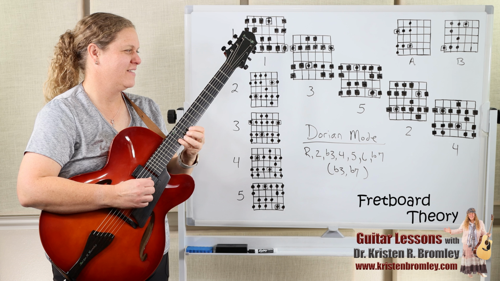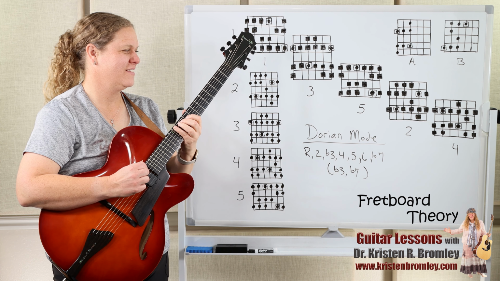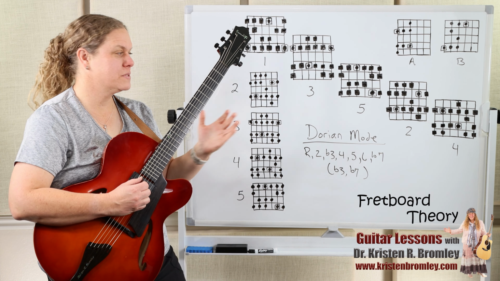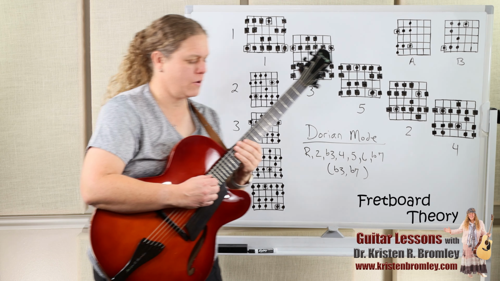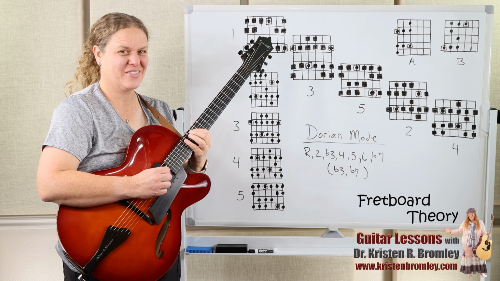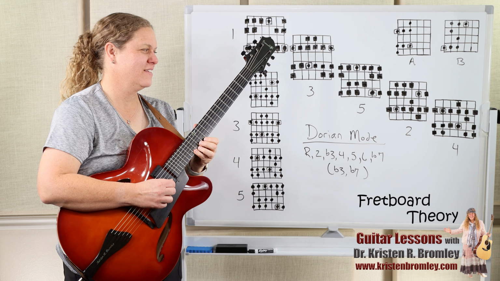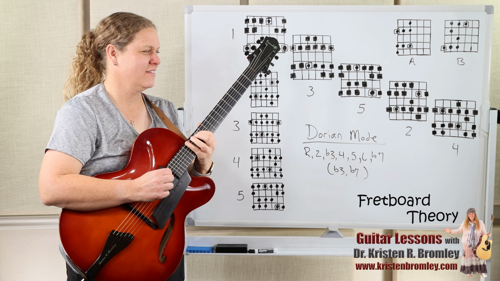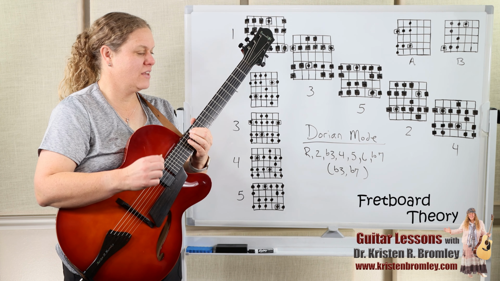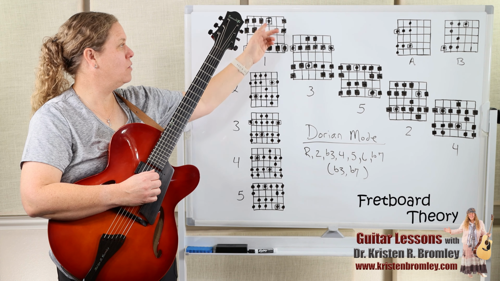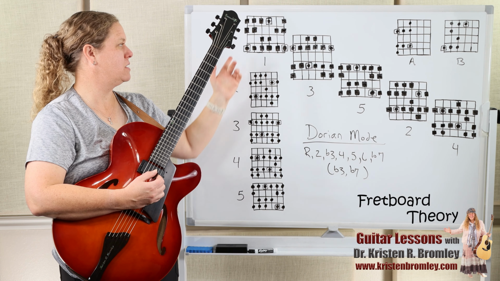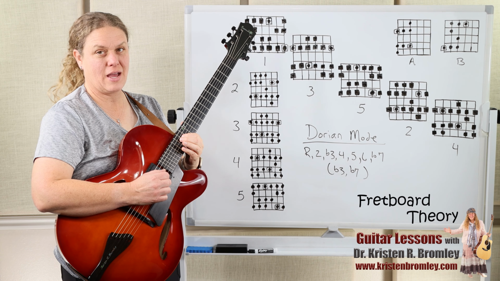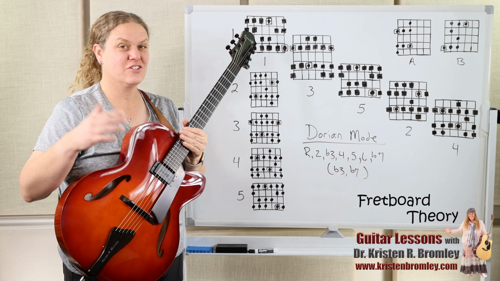If I go up to the next form. So form 4 there with my index at the 12th fret. And then of course I could start again with my pinky at the 17th fret or my index there at the 14th fret. So, and it just continues like that.